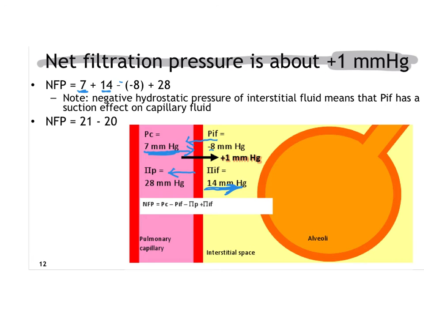minus my other pressures going in the opposite direction. In this one, I've got a push in this direction of a -8. So it's -8, and a pull in this direction of a +28. And so that would give me 21 minus 20, which is equal to +1.